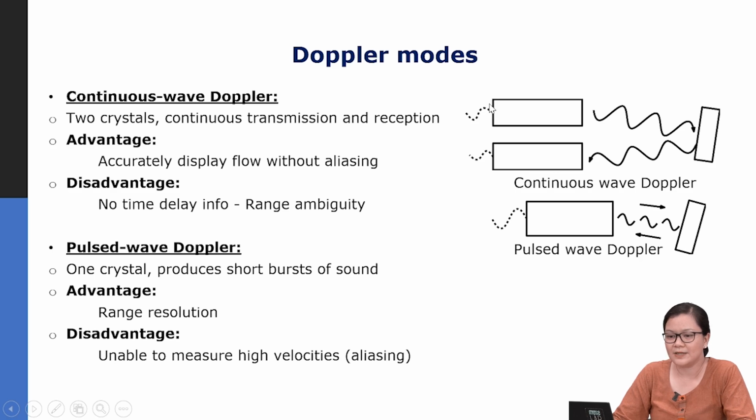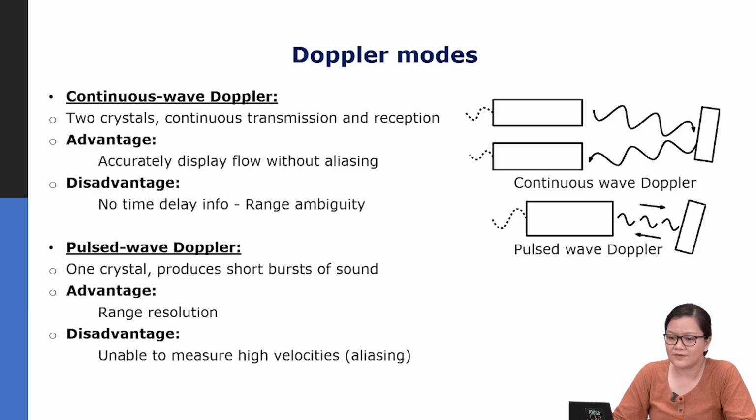Although there are two crystals, they can also be mounted in one transducer case. The advantage is that it has accurate display of flow without aliasing. In another lecture, we'll talk more deeply about what aliasing means in terms of Doppler ultrasound.